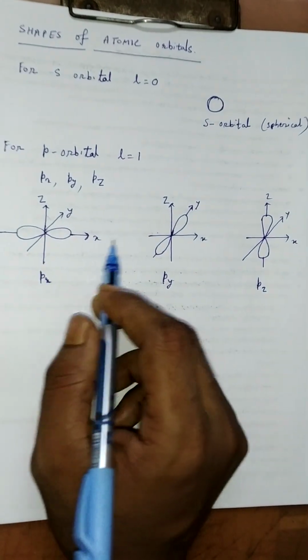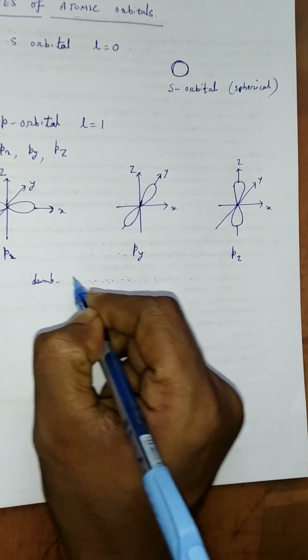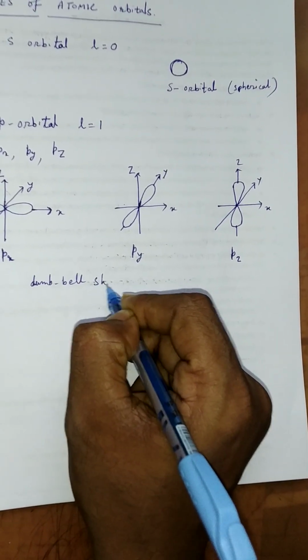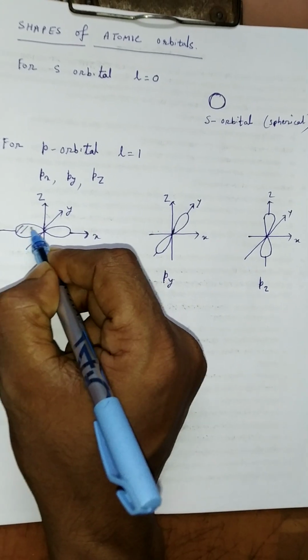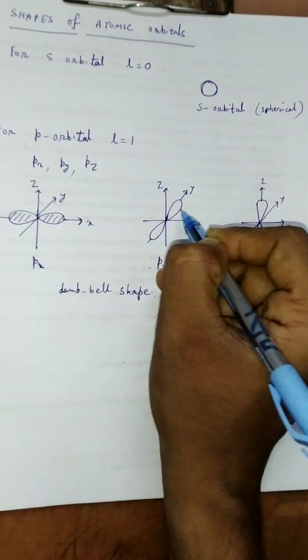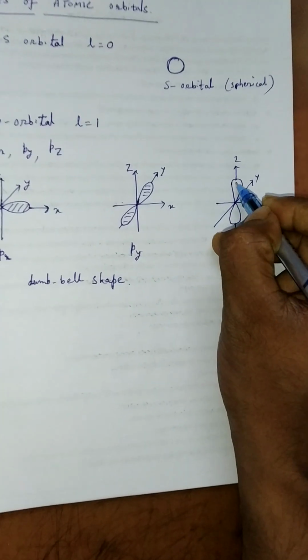And the shape of p orbital is dumbbell shape. This is px, this is py and this is pz.